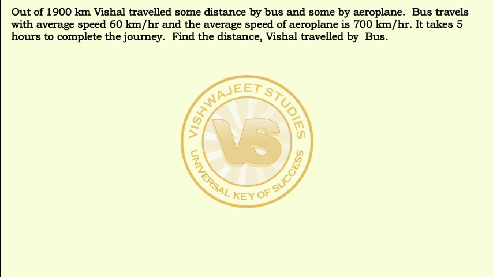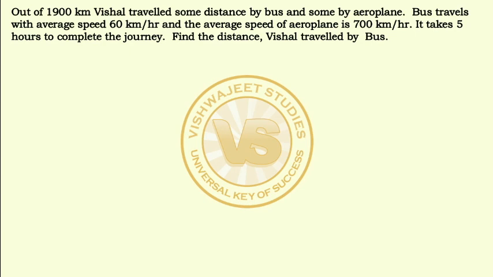In this example, distance is given, speed is given and time is also given. So this example depends on the formula distance is equal to velocity into time, by which we get one equation.